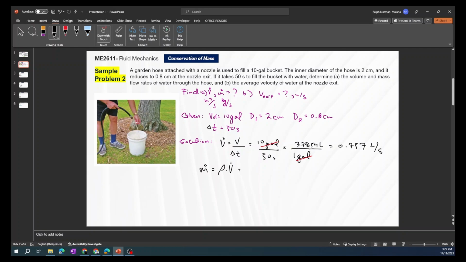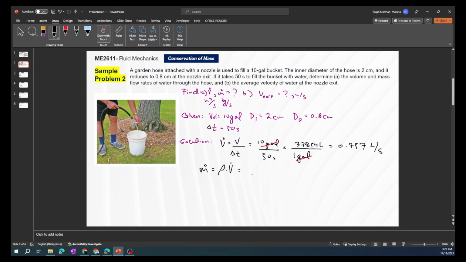You can convert this to meter cube, but you can also convert it to 1 kilogram per liter, or 1,000 kilograms per meter cube.